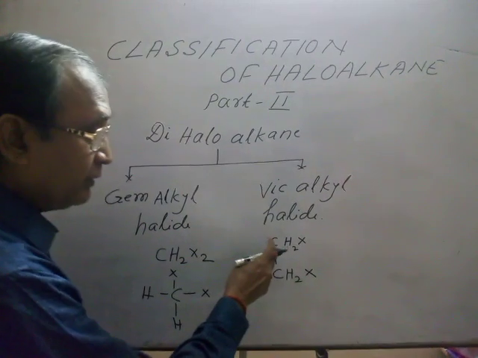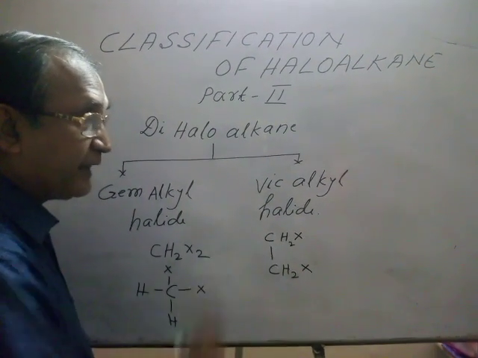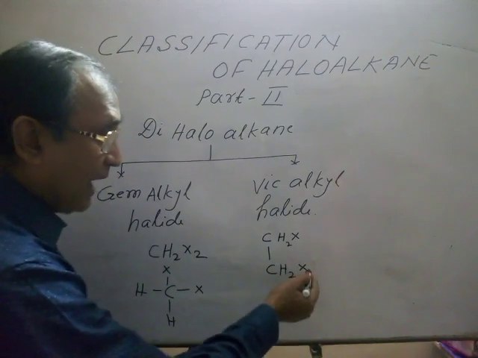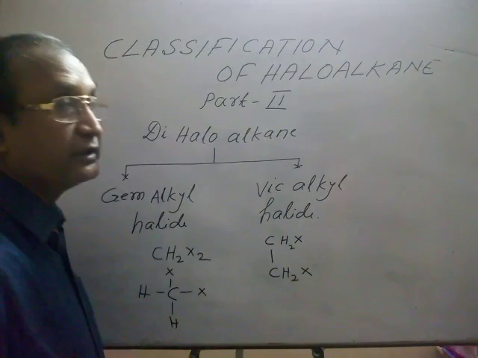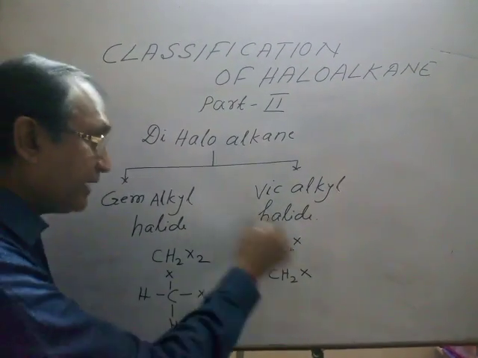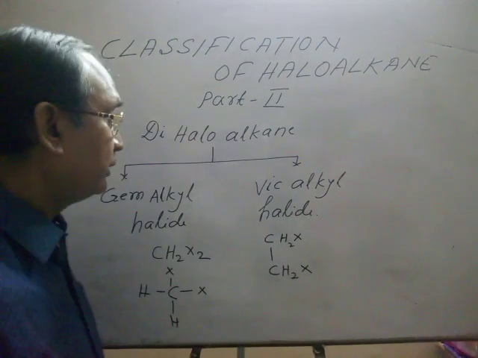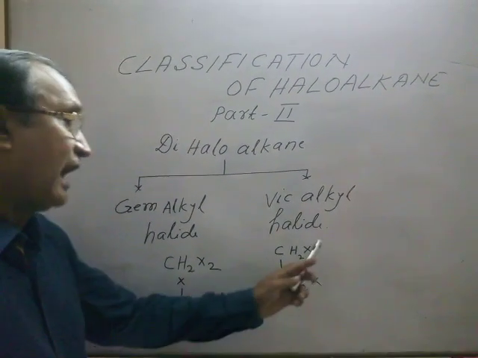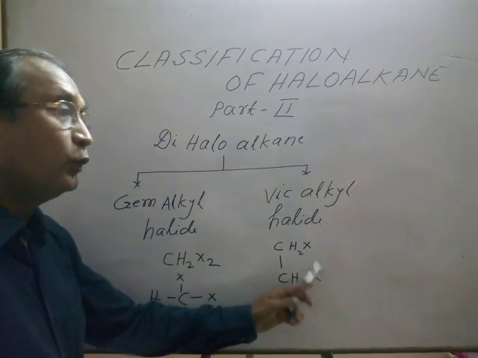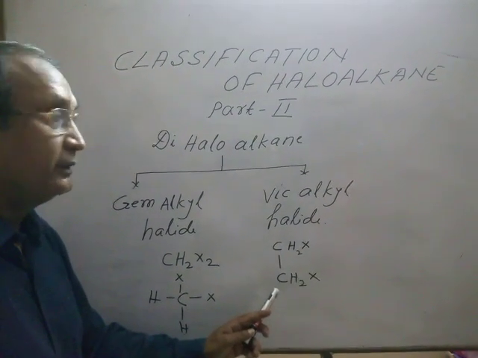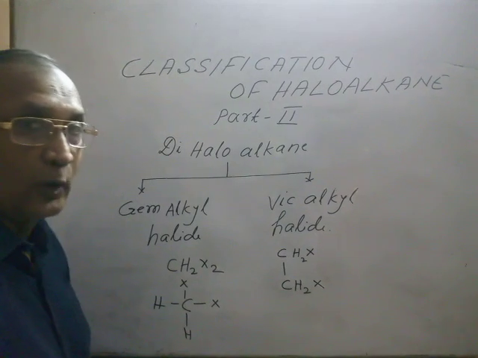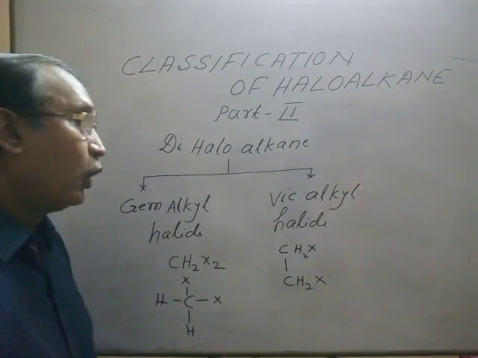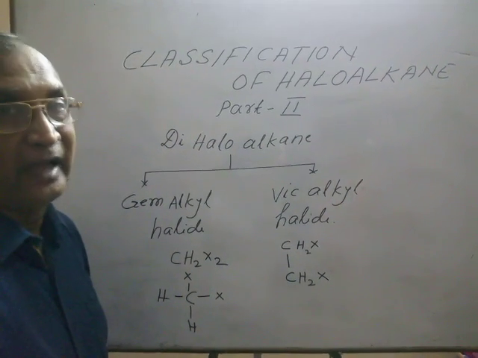Here we see a carbon-carbon bond. One halogen joins with this carbon, another halogen joins with this carbon. So this is also a dihalide, but if the halogens join with two different carbons, then that type of compound is known as vic alkyl halide or vicinal alkyl halide.